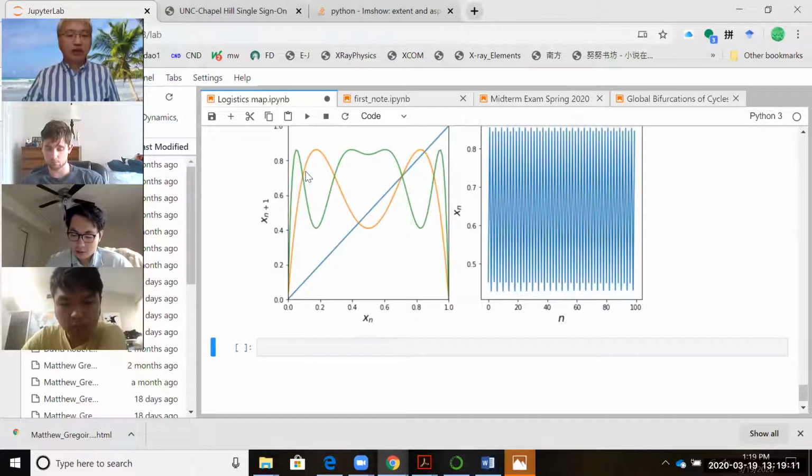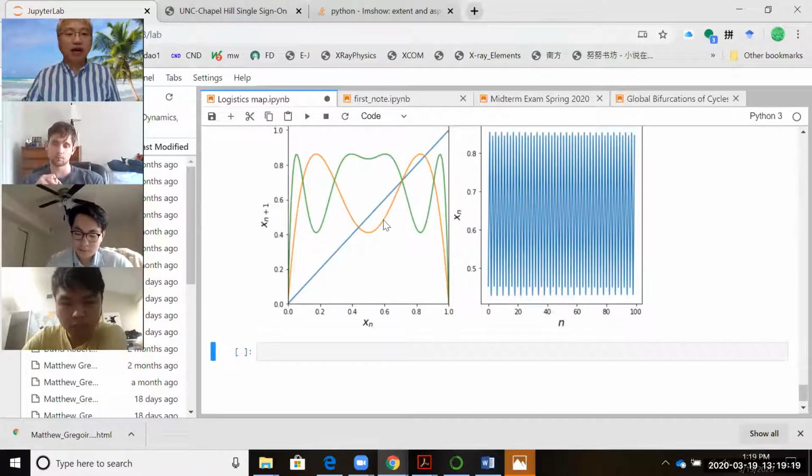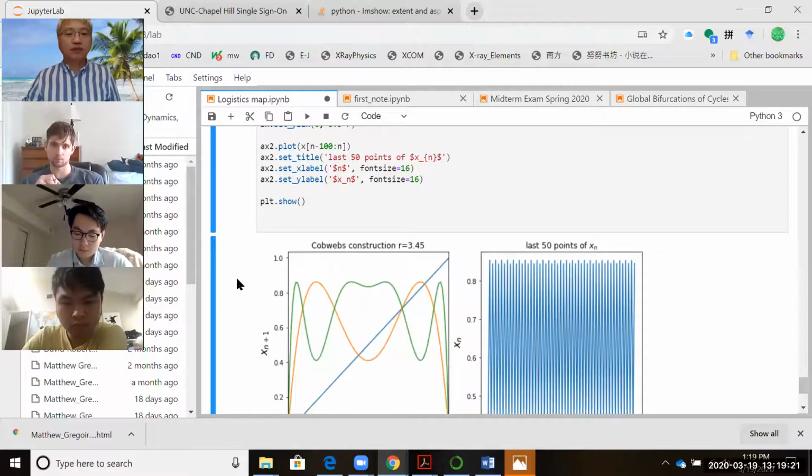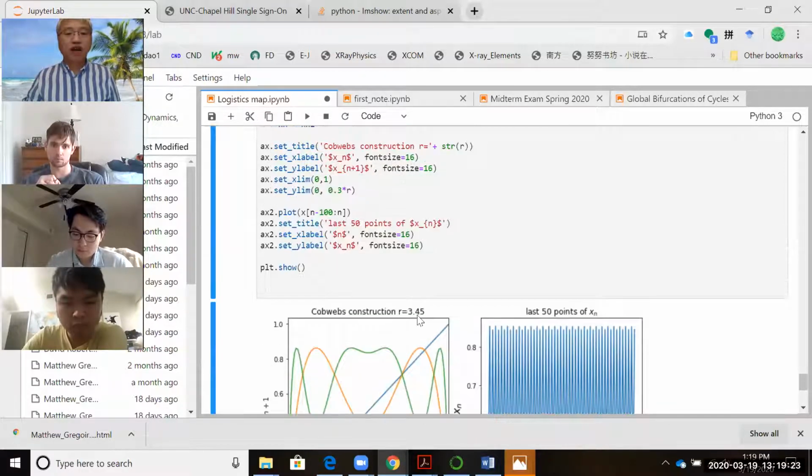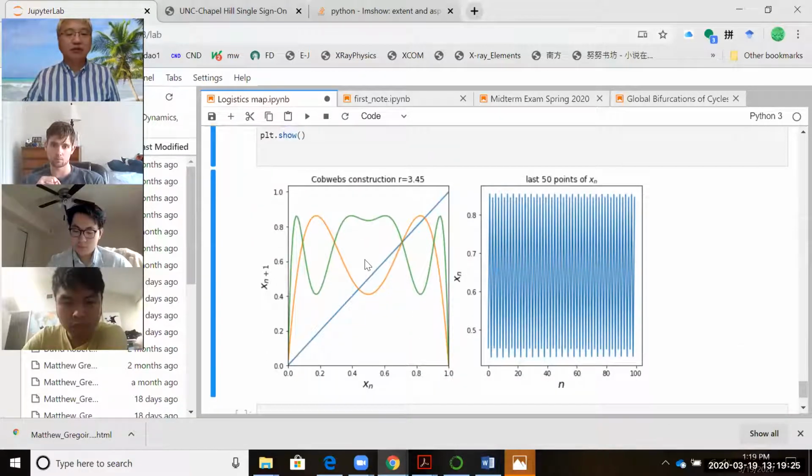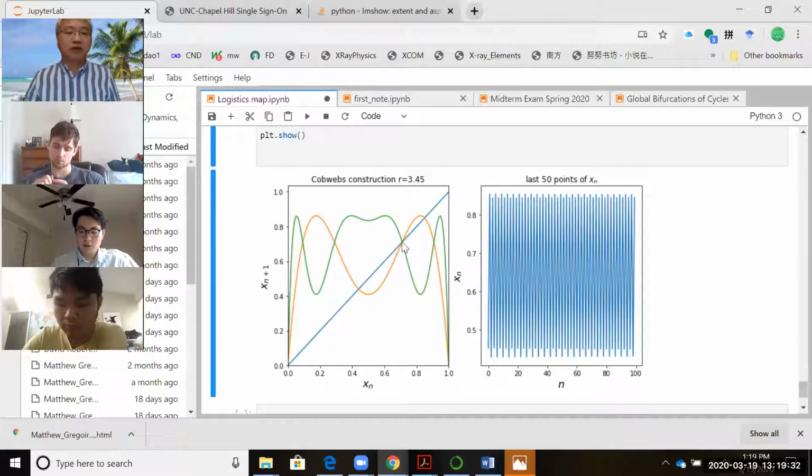The green curve is the map cubed. For this particular R value, which is 3.45, the cubic map only has one fixed point, which is the same as the map itself.